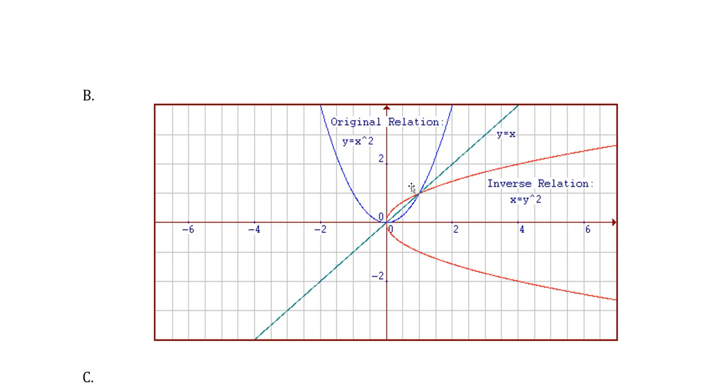So the blue one has no repeats in the first coordinate, or in other words, it passes a vertical line test. The red one, the inverse relation, will have no repeats in the second coordinate. It will pass the horizontal line test. But notice, since the original one did not pass the horizontal line test, it was not one-to-one. The red one is not a function here.